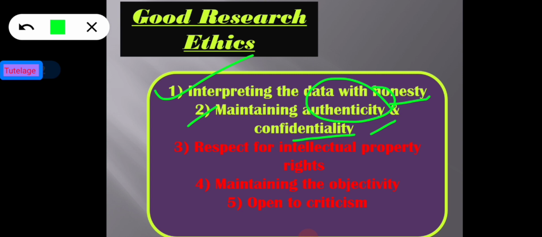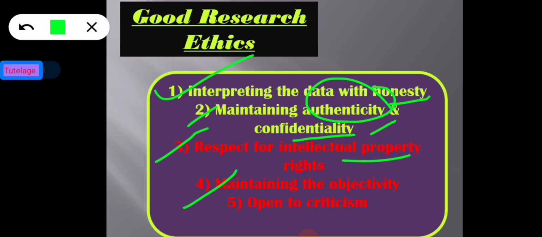Now the third point is respect for intellectual property rights. The researcher should respect intellectual property rights, because all the sources referred to should be cited properly. Clear? Now the next point is maintaining objectivity.